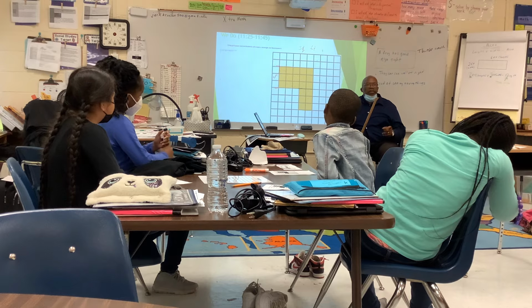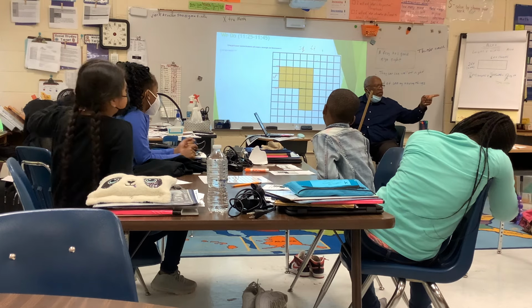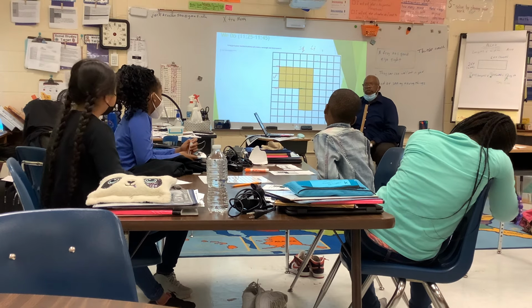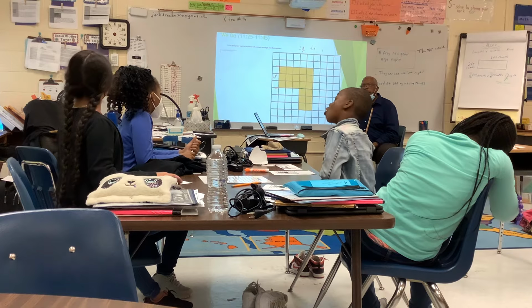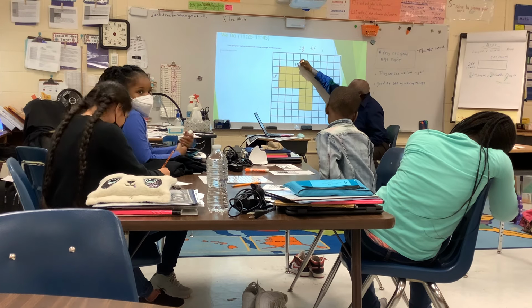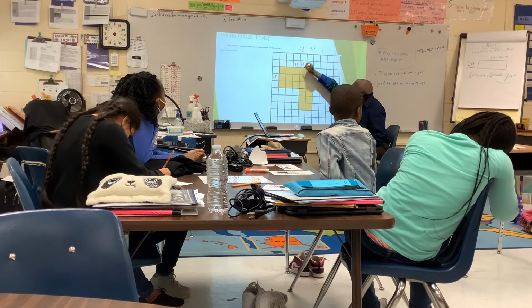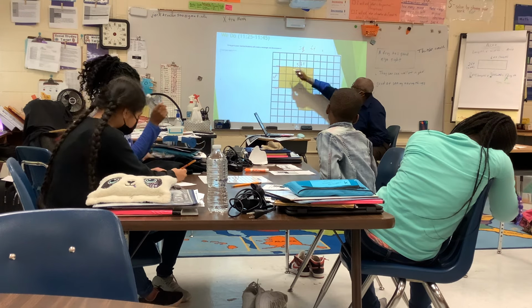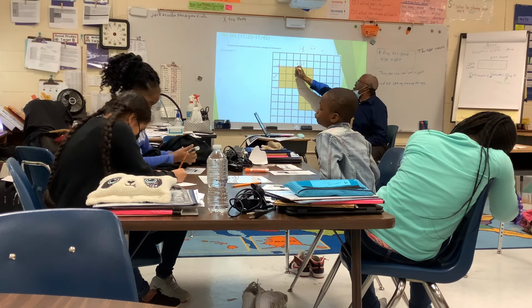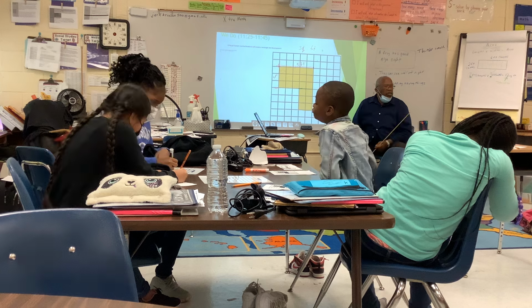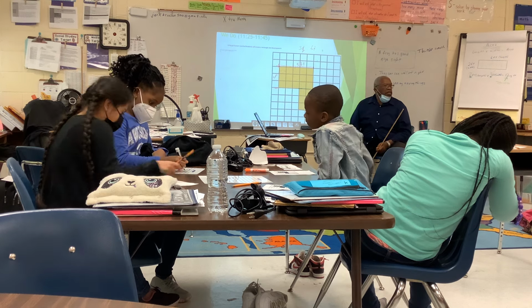So, what is the length of that? 5 feet. Does everybody yell out? No, only one person do it. Right, 5 feet from here to there. What's the area of this?